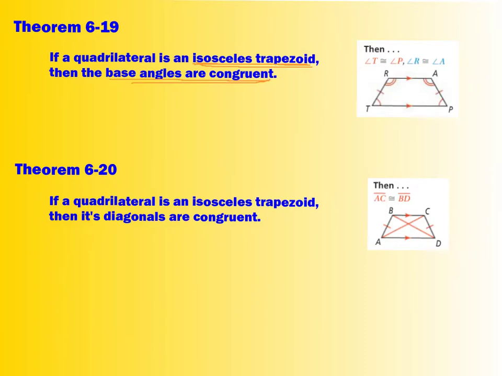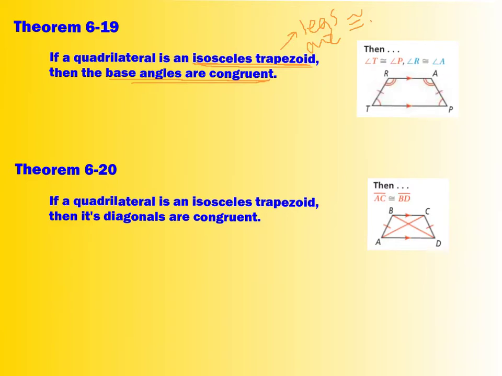That's a triangle with 2 sides being congruent. So an isosceles trapezoid means that my legs are congruent. If I look at the picture here, you have a tick mark here and a tick mark here. That tells you that your trapezoid is an isosceles trapezoid.